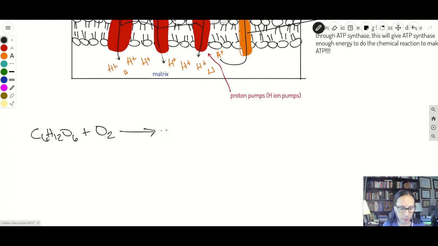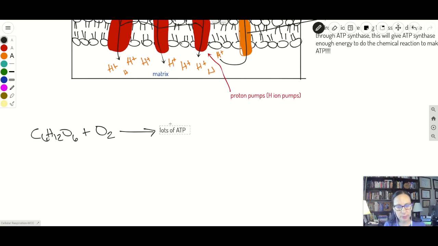I'm just going to put lots of ATP. Some books get hung up on the number. It's between 34 and 38, but I don't expect you to memorize a number for this. There's going to be a lot of it. Plus we're making CO2, which happens in the Krebs cycle.